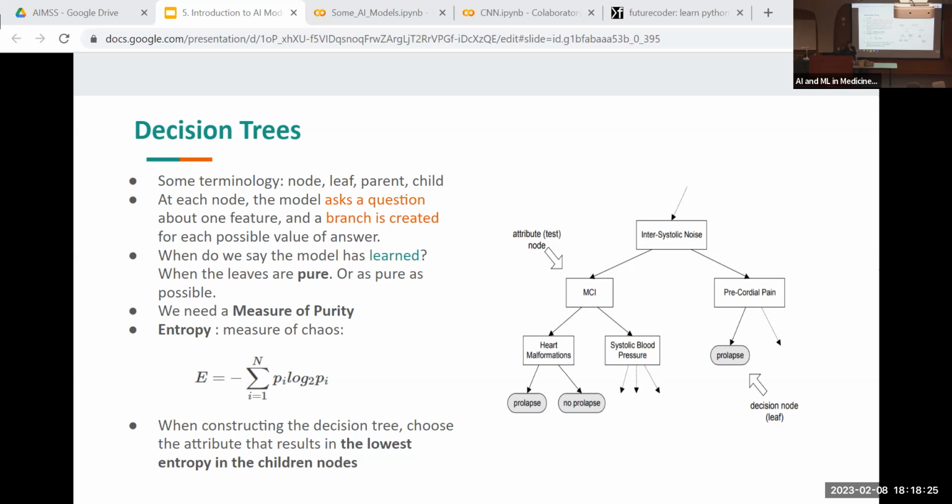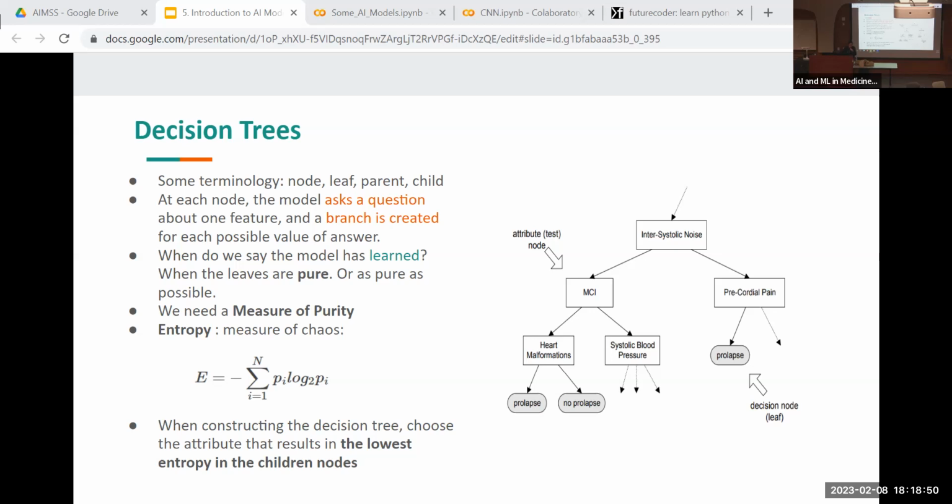And we say a decision tree has learned well, or is a good model, when the leaves are pure, which means all the data that are classified come from the same class. And for checking if our tree is pure enough, we need a measure of purity.